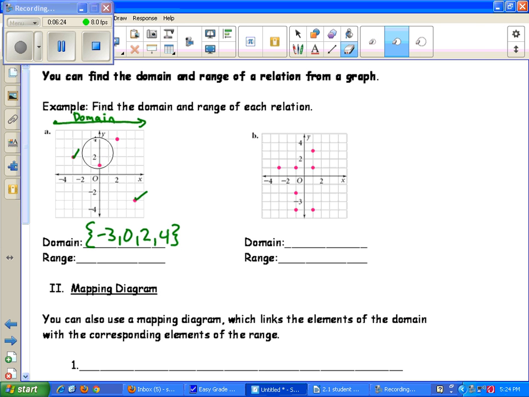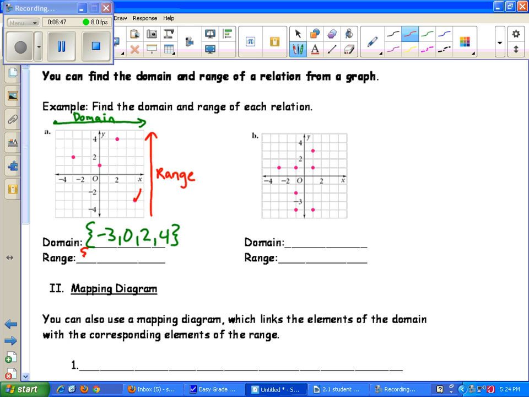Now I want to go ahead and do the range. Remember, the range is all of the possible y values that I can have. So the range is going to be going this way on my graph. We start with the lower numbers and go to the higher numbers. This is the lowest y value that I have.